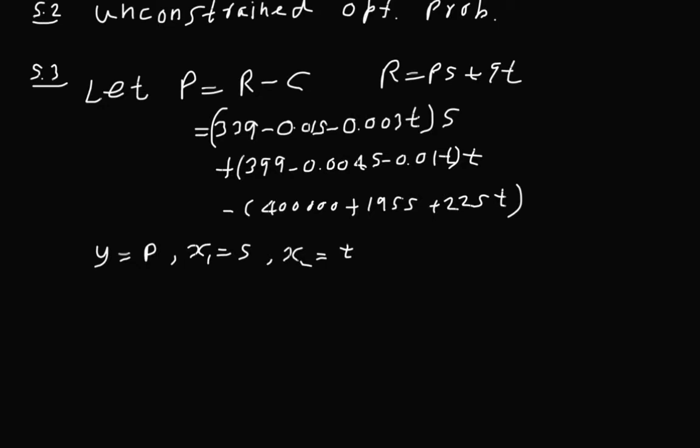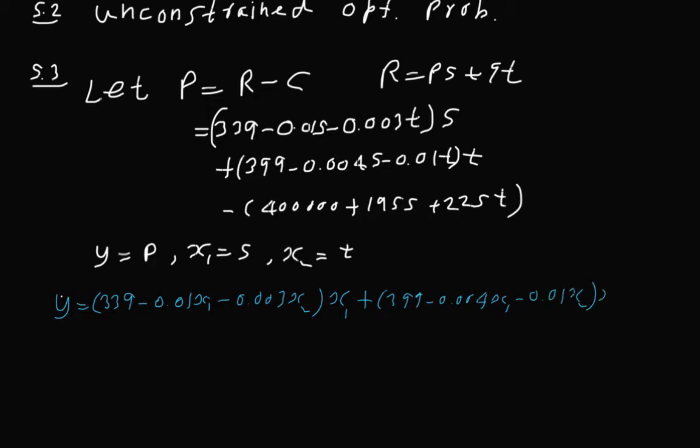So now our problem can be written y equals 339 minus 0.01 x1 minus 0.003 x2 times x1, plus 399 minus 0.004 x1 minus 0.01 x2 times x2, minus 400,000 plus 195 x1 plus 225 x2.